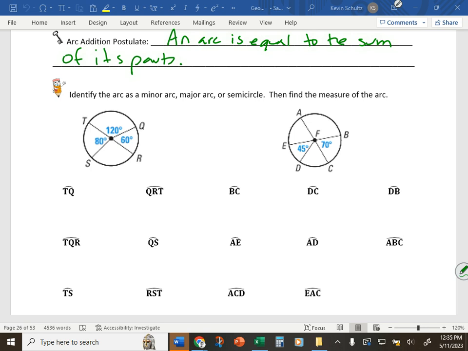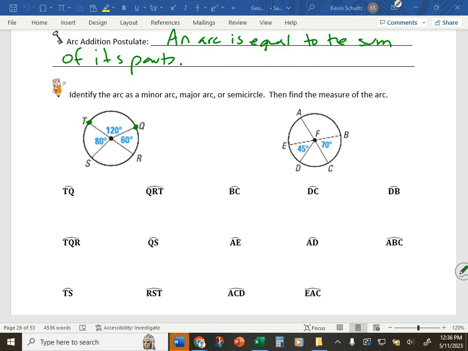Right? So when we look at the practice part down here, you'll see some arcs have 2 letters and some arcs have 3. It's actually a very important distinction because that determines whether we're talking about a minor arc or a major arc. For example, if I ask you for the measure of arc TQ, here's T and here's Q. We can get there 2 different ways. How do you know if you're going the short way or the long way?